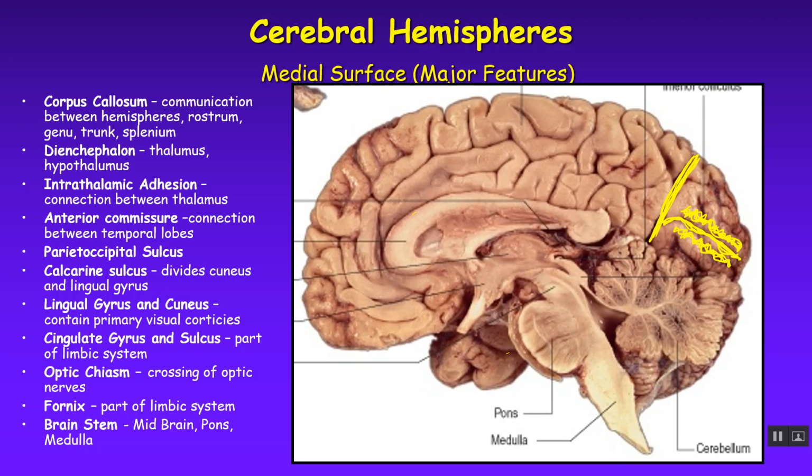Your vision comes in flipped and upside down, basically. So the bottom half of your visual field on the left side is going to this upper region of the visual cortices on the right side. And then the upper half of your visual field on the left side is going to this lower part of the primary visual cortices on the right side.